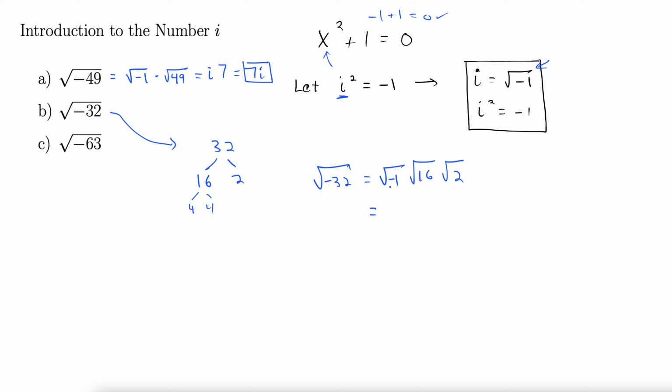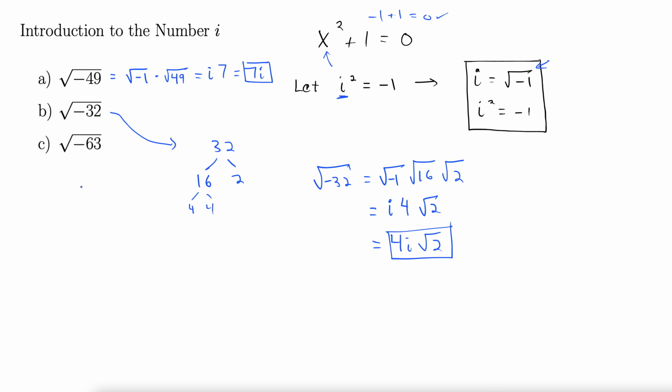Well, we already decided the square root of -1 was i. Square root of 16 is 4, and then the square root of 2, well, that's kind of stuck behind. And we write this as 4i rad 2. So the i comes after a whole number or a fraction like 4, but it comes before a radical. So when you have a number and a radical, the i gets sandwiched in between the two. And that's how you write it, like so.